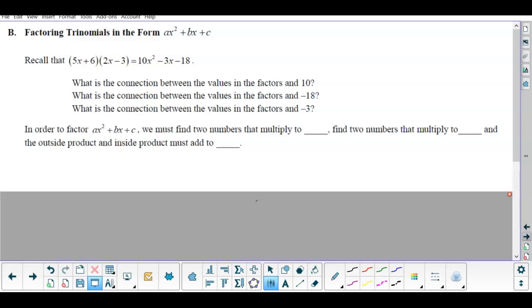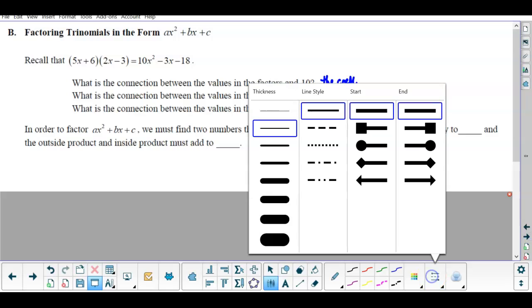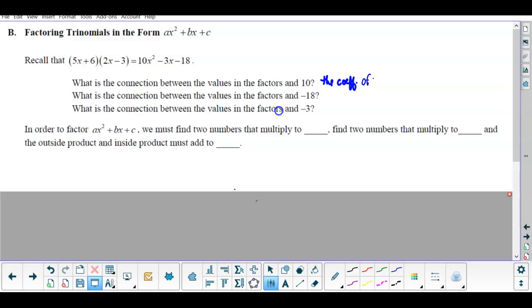So factors in 10. Okay, then the factors in -18, so the constant terms. And the values in the factors in -3.